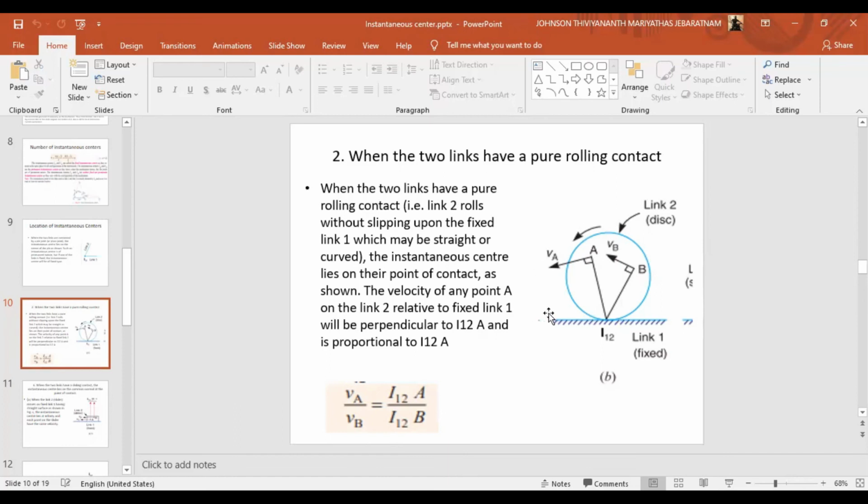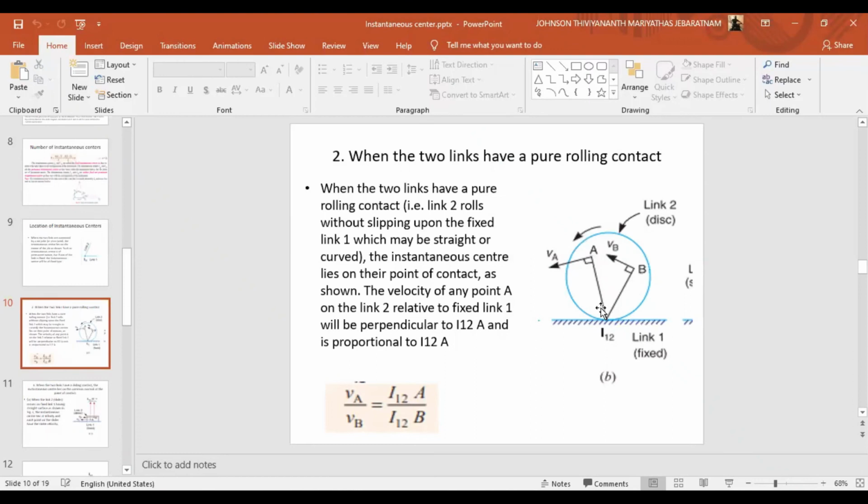So when this is moving this way, velocity is going to be in this direction. So the velocity of any point A, it can be somewhere here A, another point B, somewhere here C, any point on the link 2, this is link 2 relative to the fixed link 1, will be perpendicular to the line I12A, and is proportional to I12A.